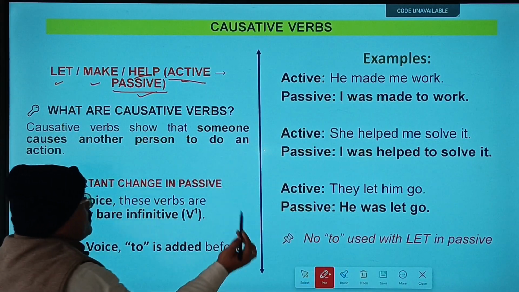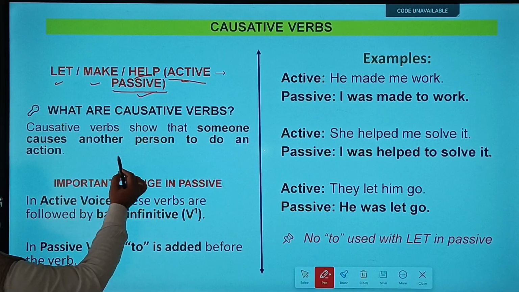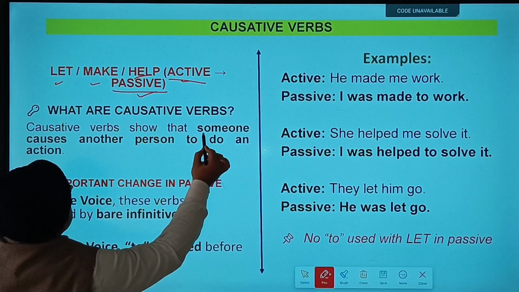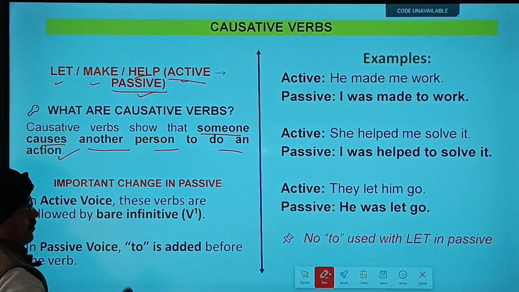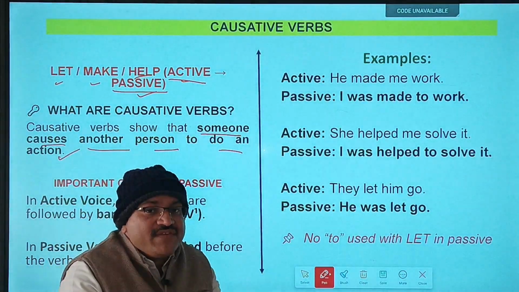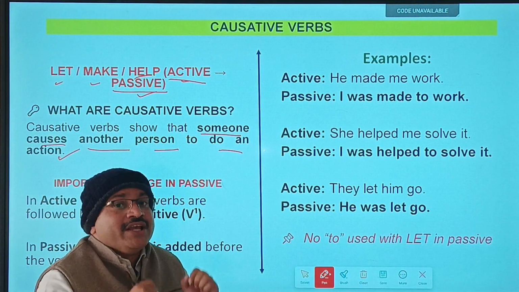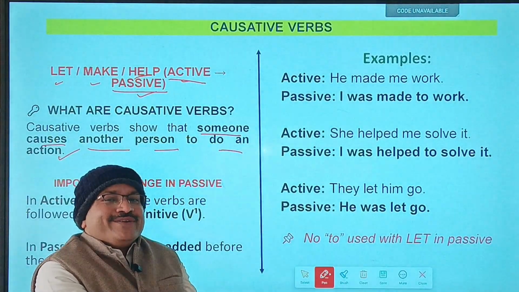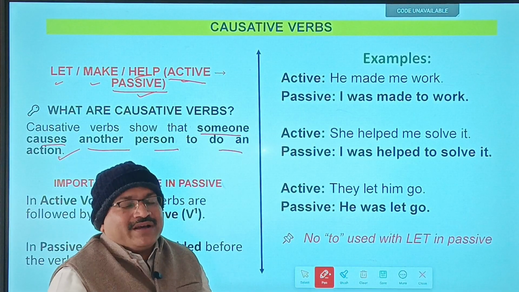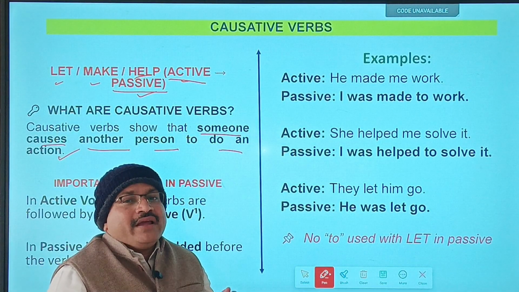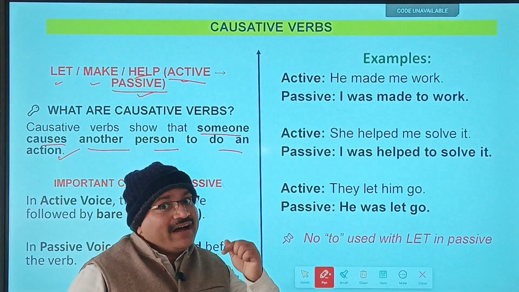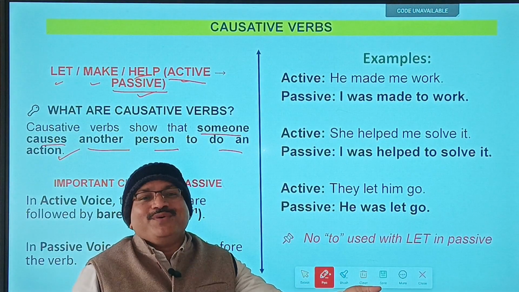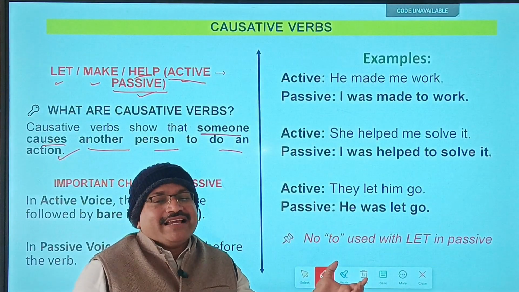Let us understand what a causative verb is. A causative verb is when someone causes another person to do an action. That person himself is not doing the work, he is causing the other person to do the work. I made him laugh. So I didn't laugh, I caused him to laugh. So this is a causative verb.